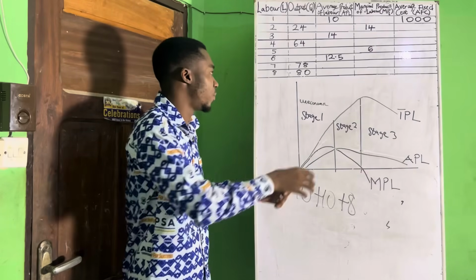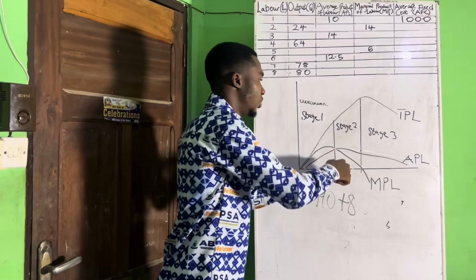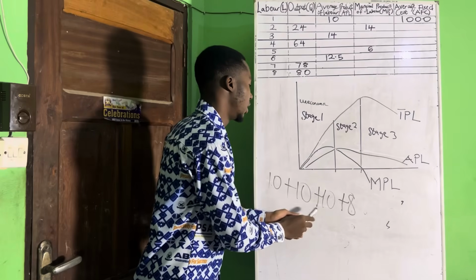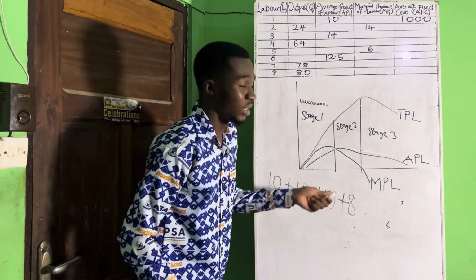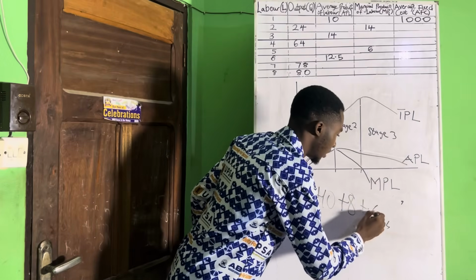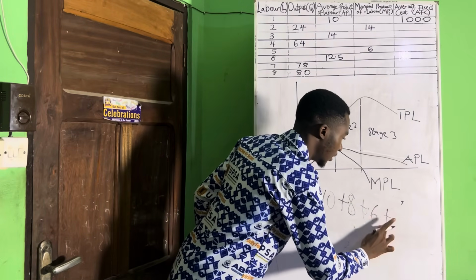You get it? So now you've passed stage 1, you are now in stage 2. So let's say the first worker was bringing 10, the second worker was bringing 10, the third worker was bringing 10, the next one was bringing 8, which is less than the 10, then the next one was bringing, let's say, 6, then the next one was bringing, let's say, 2.